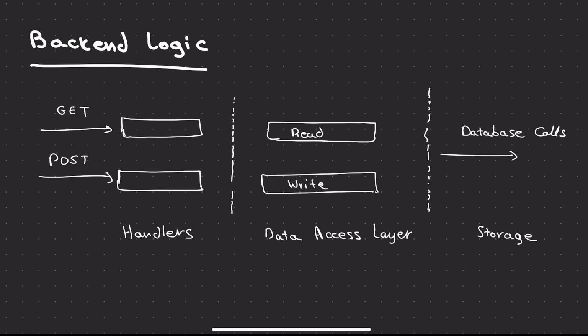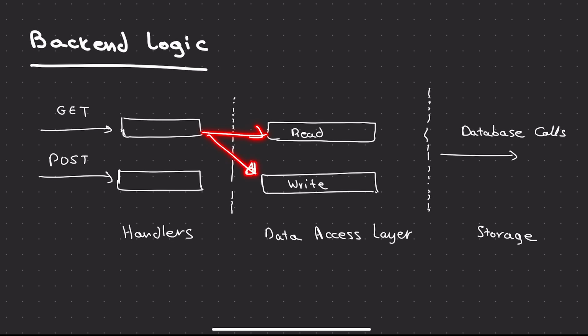You're gonna receive get requests to retrieve data from the database, and you're gonna receive post requests to create a new post in the database. And each handler is gonna receive this request and is gonna call the appropriate data access layer function or method.